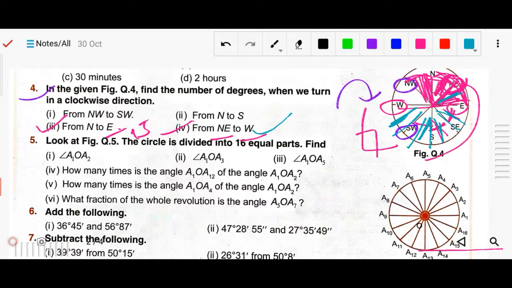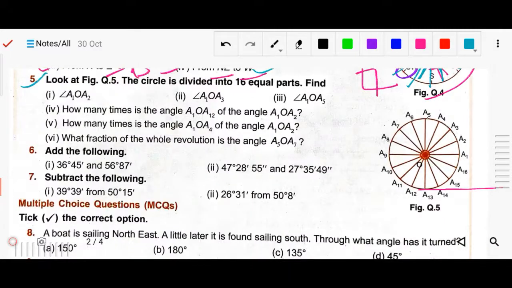Okay, now question number 5, look at the figure. The circle is divided into 16 equal parts, find angle A1 O A2. So where is the A1? You just check that here is the A1. Where is the A2?